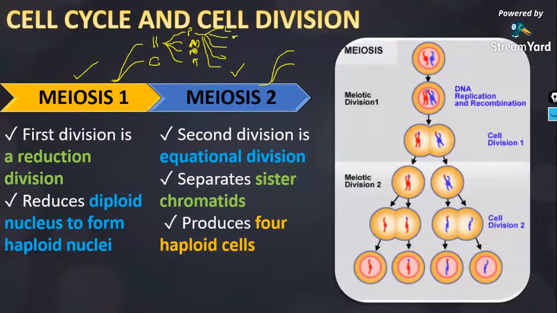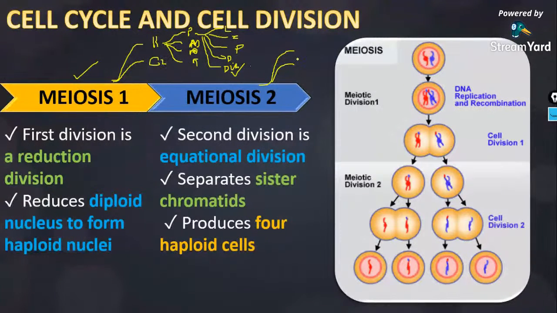Leptotene, zygotene, pachytene, diplotene, and diakinesis. These are the five stages of prophase 1 of karyokinesis 1, and it is followed by cytokinesis 1.